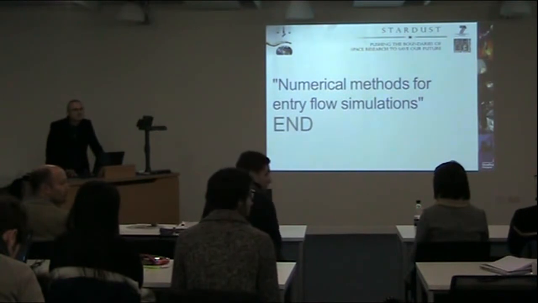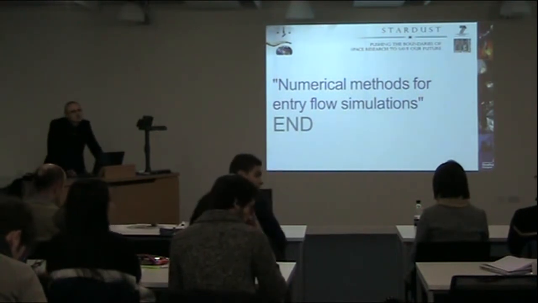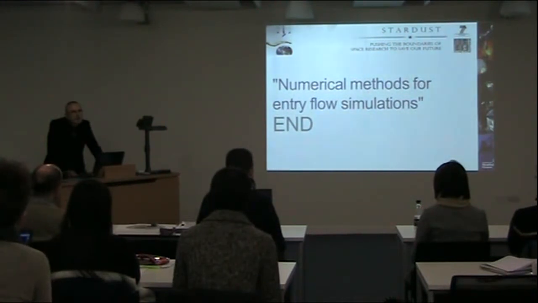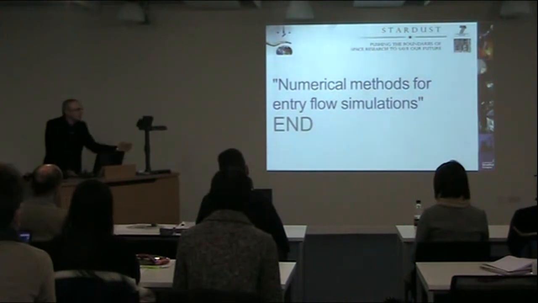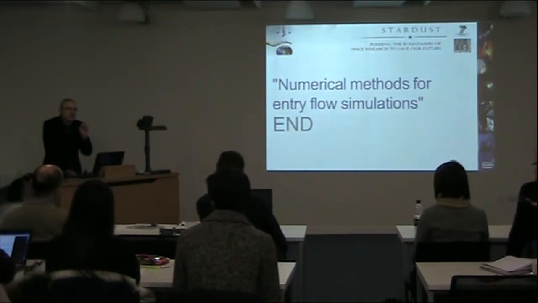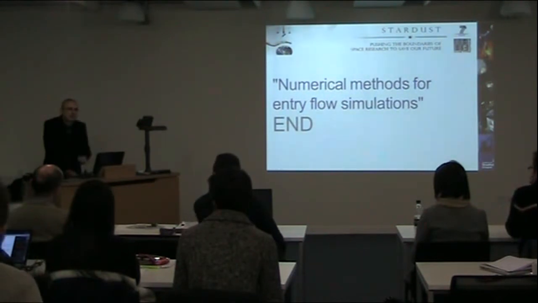So if I understood correctly, you can simulate the flow around structures with this code, but can you also simulate, for example, an explosion of an asteroid, so a blast wave or something like that? Yeah, well, I didn't mention it, but even if you do not consider the explosion, or the change of the shape, a proper fluid dynamic simulation, especially in hypersonic conditions, should be coupled with the structure.